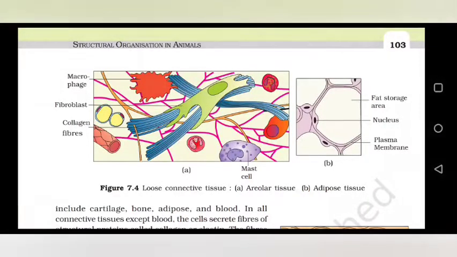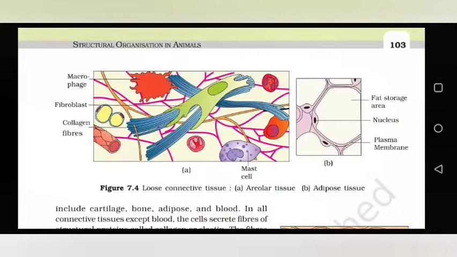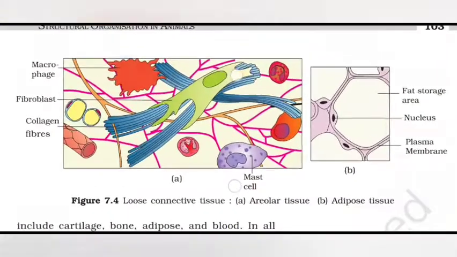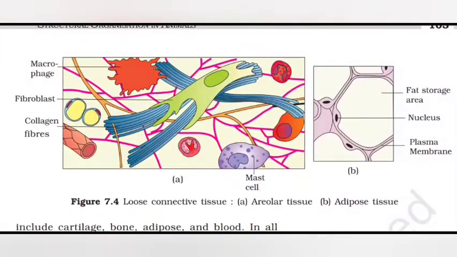So you can see there are two types of loose connective tissues: A, areolar tissues, and B, adipose tissues. Areolar tissues are present just beneath the skin. They connect our skin to our muscles. So they provide firmness to our skin.